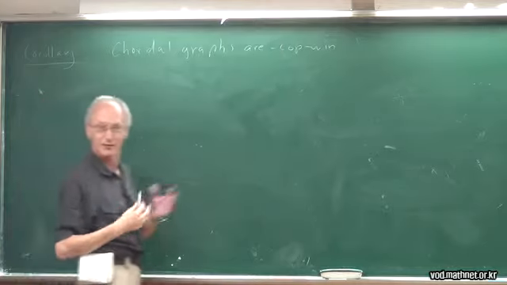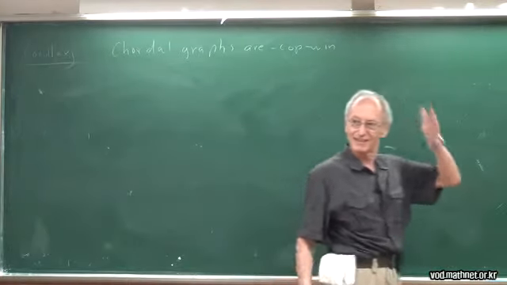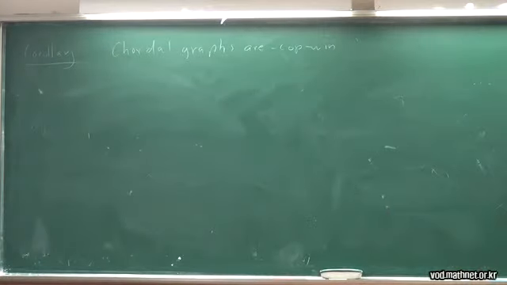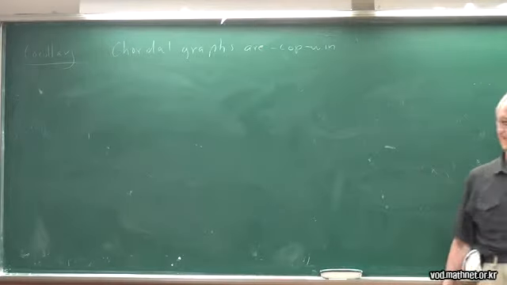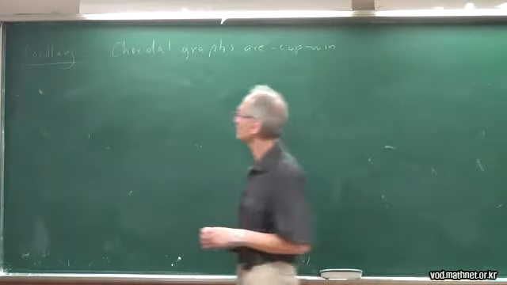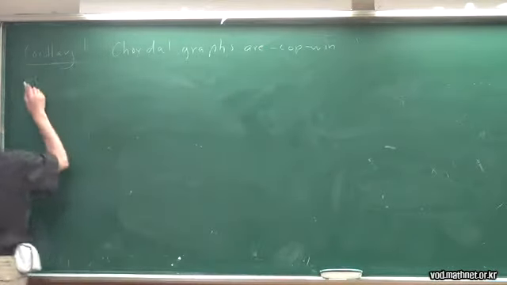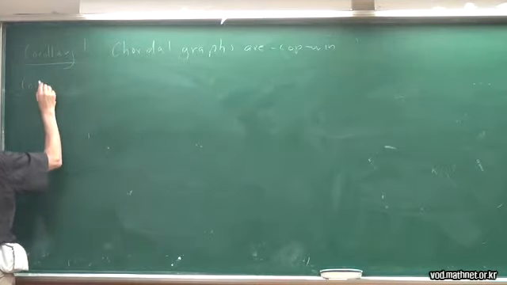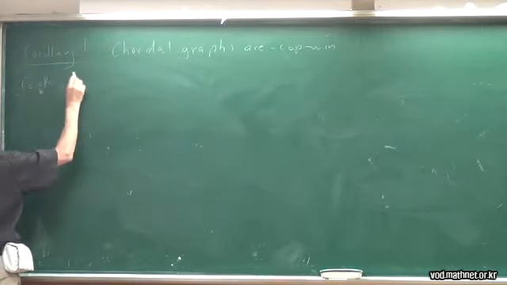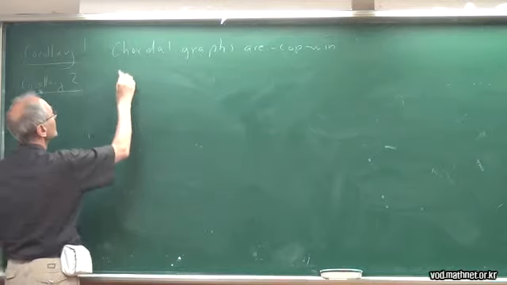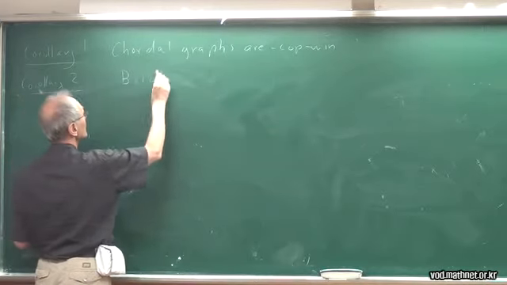Right? Chordal graphs have simplicial vertices. This is this kind of ordering. Corollary 2. Bridged graphs are cop-win.